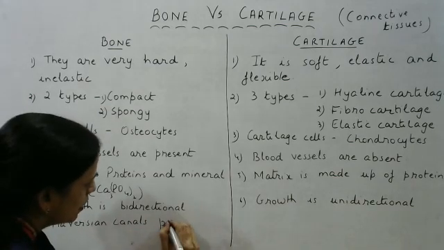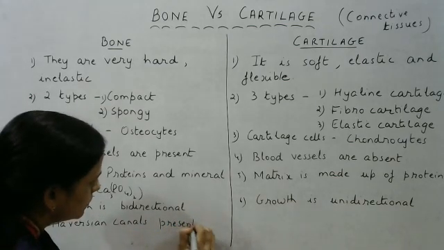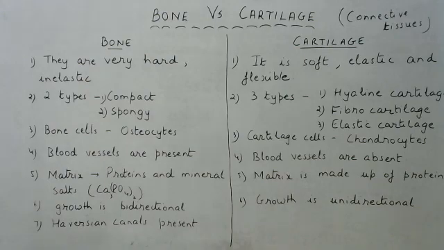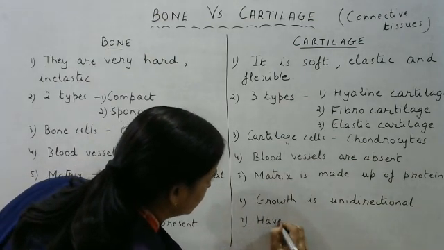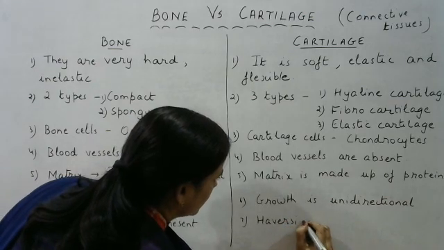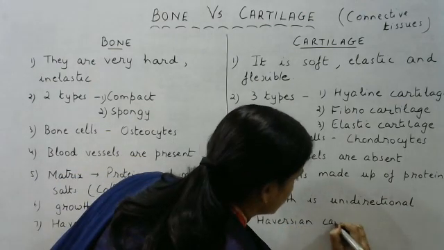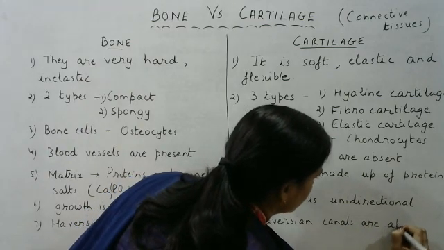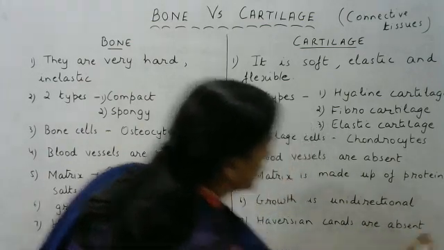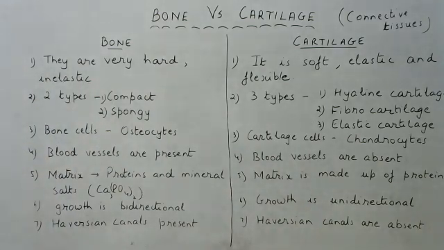Haversian canals are present in bones, whereas in case of cartilage, the Haversian canals are absent. So this is the seventh point of difference between a bone and cartilage. Now let us discuss what are Haversian canals.